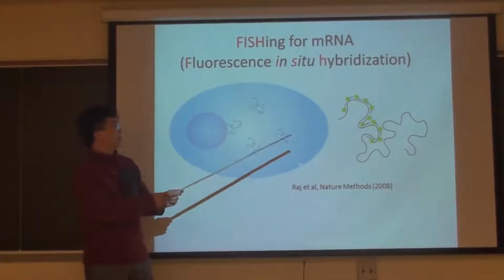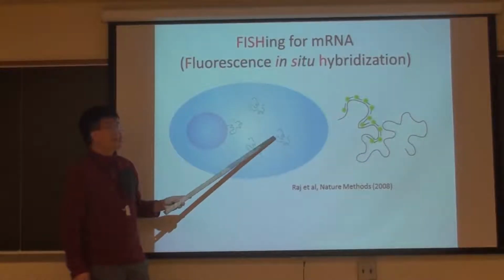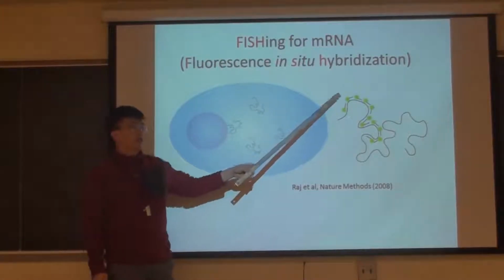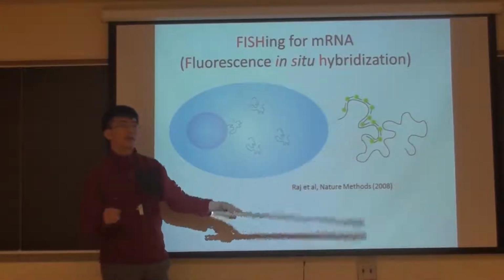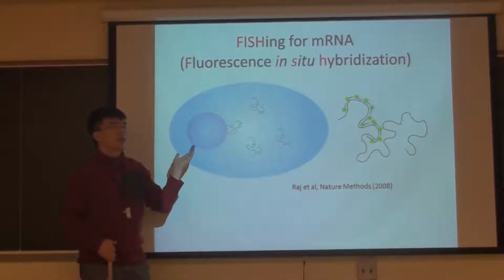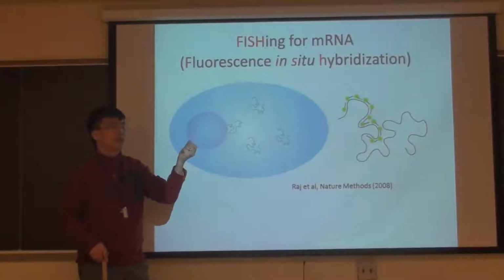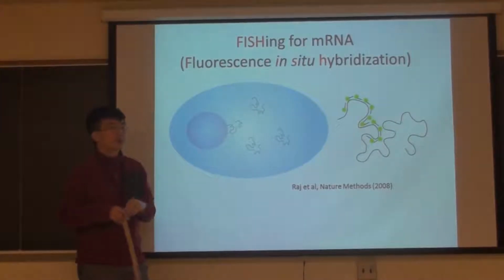So in principle, if you then add these 50 different probes to the cell, then one RNA molecule will bind up to 50 probes, meaning that it can be decorated with up to 50 fluorescent molecules. Normally inside a human cell, a single fluorescent dye is not bright enough to see because of a large background.